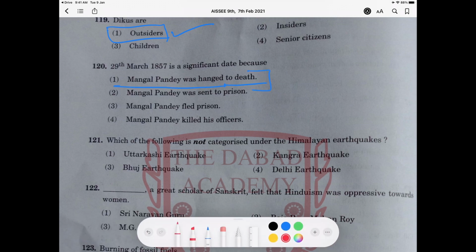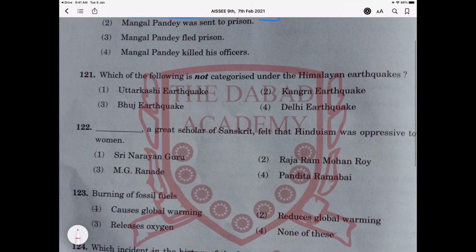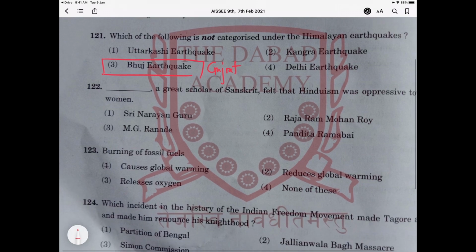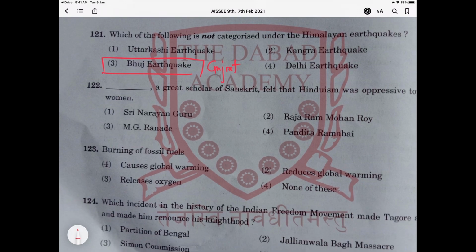So this is the answer. In question number 121, which of the following is not categorized under the Himalayan earthquakes? For question number 121, option number 3, Bhuj earthquake, which was felt in Gujarat in 2001. So it is not under Himalayan earthquakes.